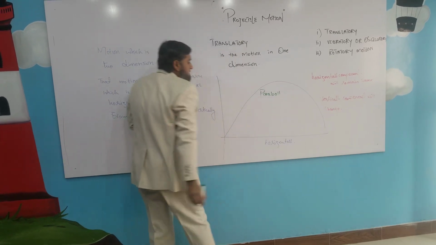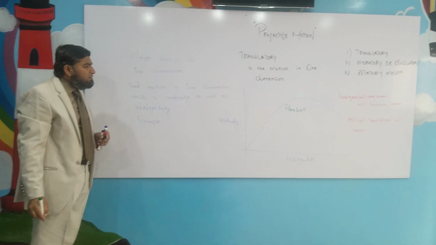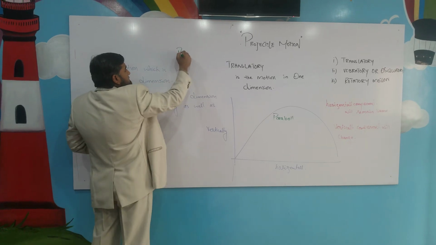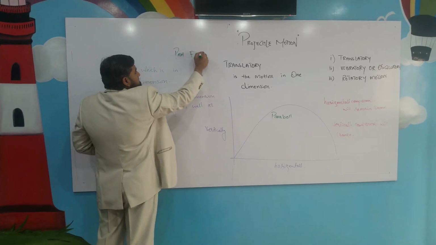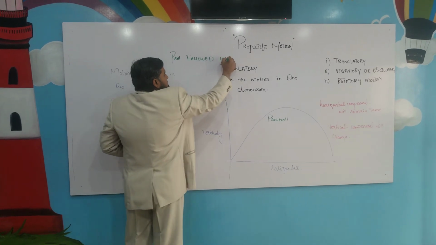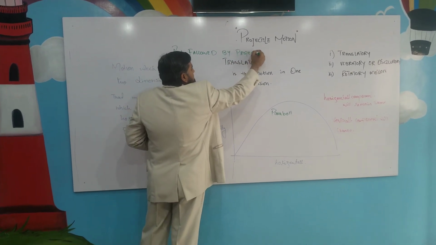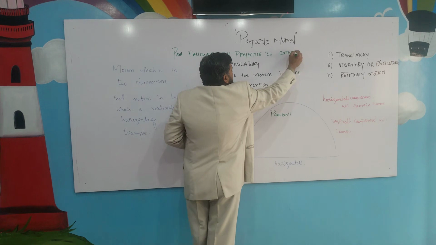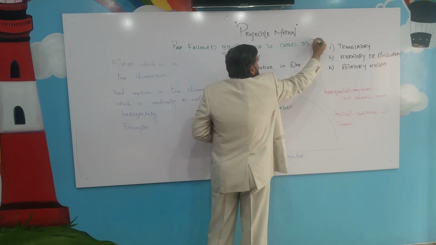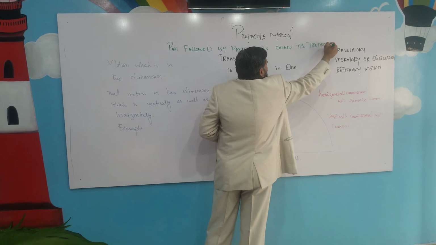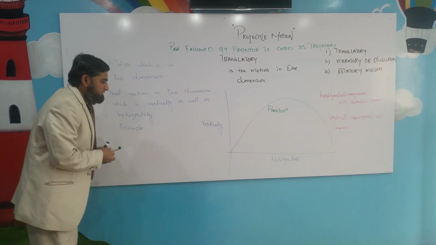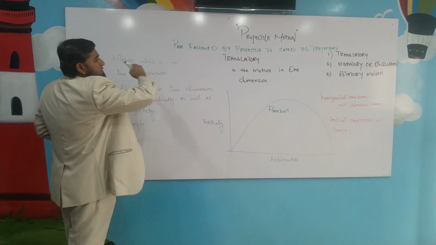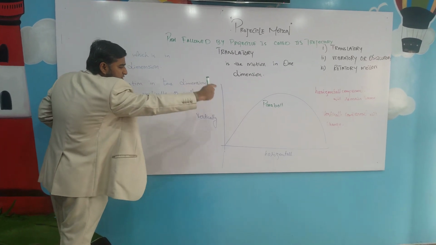This is a parabola, and I will write here above that the path followed by a projectile is called its trajectory. The motion shown by the projectile is a parabola, and the path which the projectile follows is known as its trajectory.